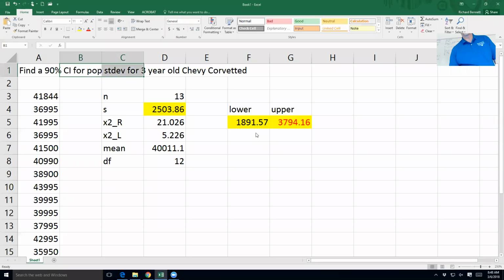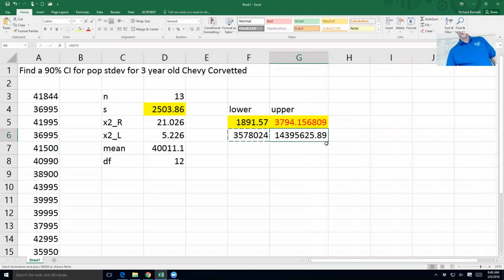I could find the population variance; it's just that raised to the second power. But I don't like to do that because that's a huge number. What does a variance of $14 million mean to you? I can't even think like that. So your standard deviation makes a lot more sense.